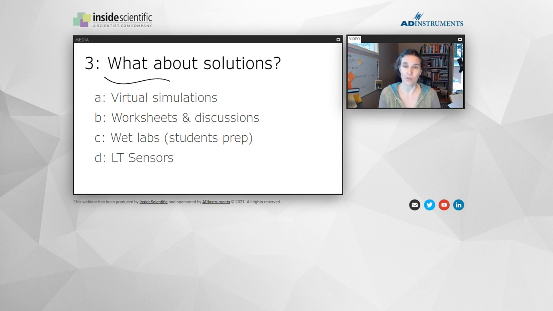And then the last one, and I'll tell you right now, we're going to give you an opportunity to request more information on these, but this has been a game changer for me this semester, is that I got access to my institution purchased for me LT sensors. And those are, what I need somebody to give me a word.